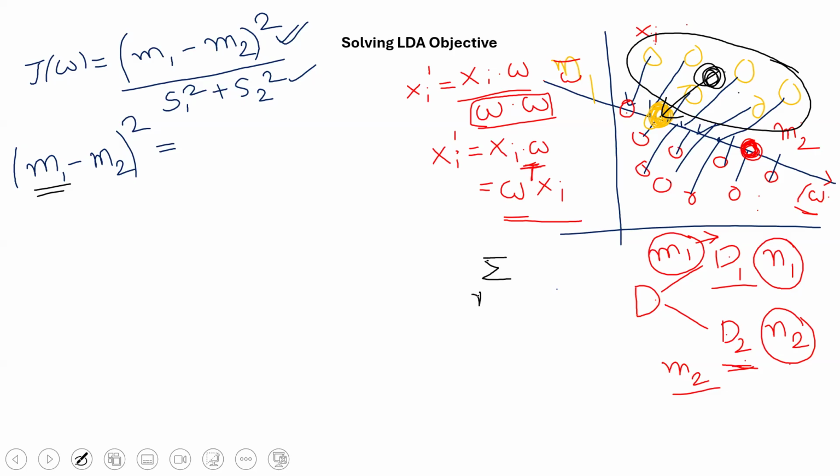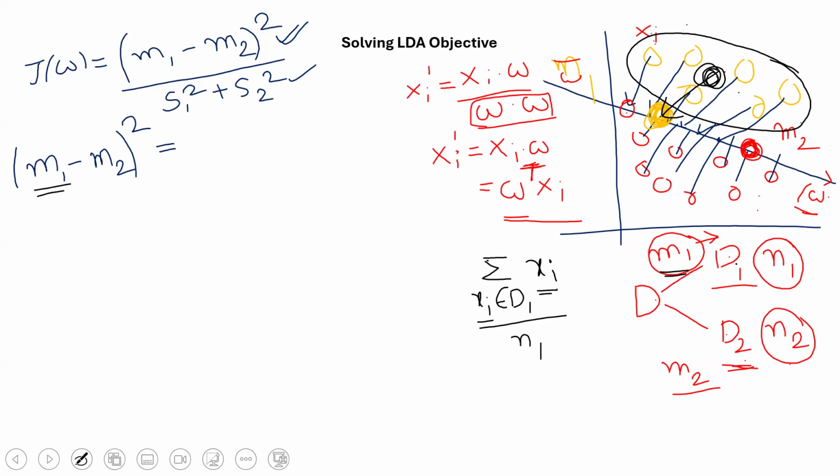Summation of xi, where xi belongs to D1, divided by N1. Do the summation for every point that belongs to dataset D1. We are just trying to find out the mean of dataset D1.